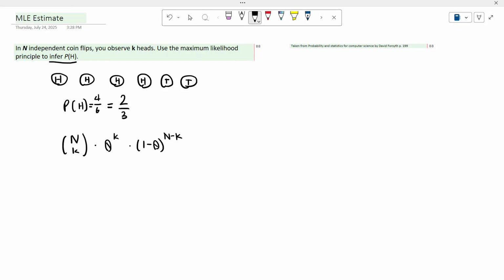I'll gloss over why we use the binomial model here, but a quick bit about it: if we want to observe 1 head showing up, we have probability theta. 2 heads would be theta times theta, and then 3 heads would be theta times theta times theta, and so on. So if we want to observe k heads, this would end up being theta to the k.